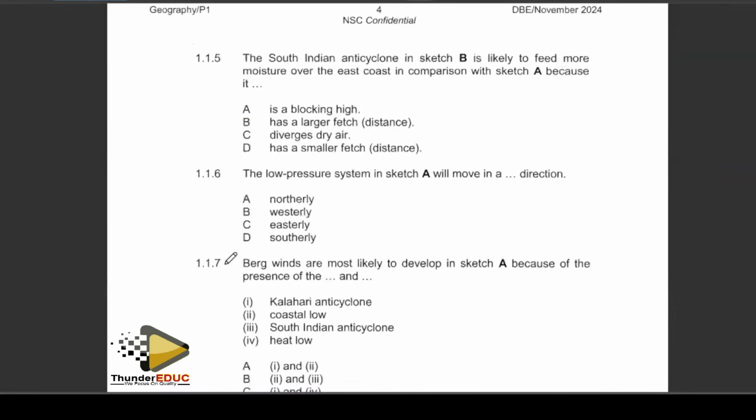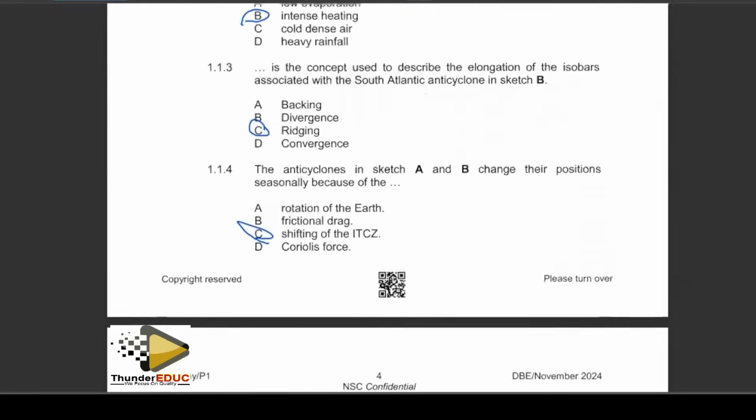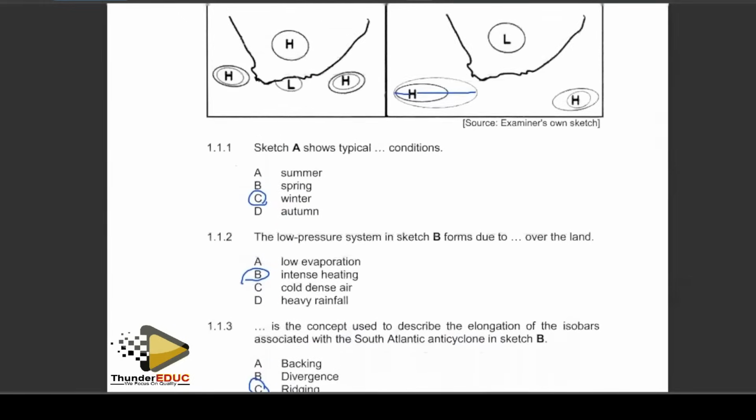Right, number 115, it's talking about the South Indian anticyclone. South Indian anticyclone in sketch B is likely to feed more moisture over the east coast in comparison with sketch A because it, right, if you look at how the South Indian high pressure is located in sketch A and in sketch B, there's a difference there in terms of the location of the South Indian.